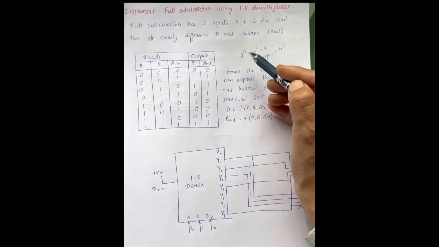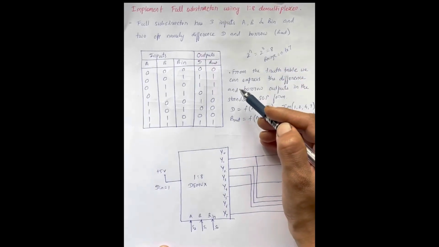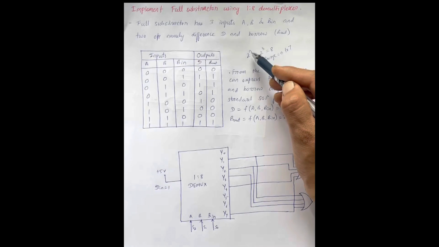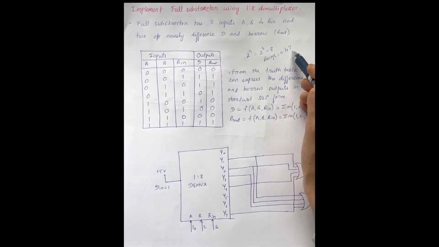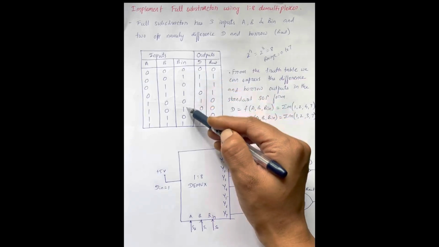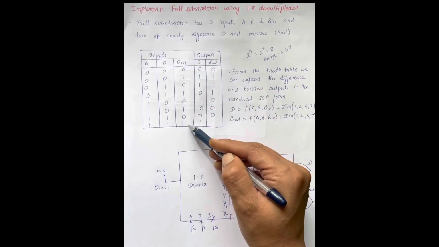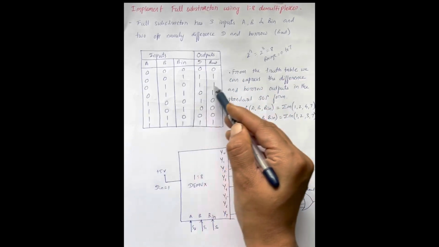Here n is nothing but the number of inputs. So 2 to the power 3 means 8 combinations, and the range will be 0 to 7, right? So I have written here the combinations 0 to 7, and I have calculated the outputs for each input.